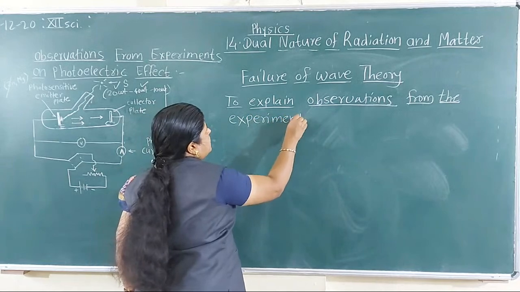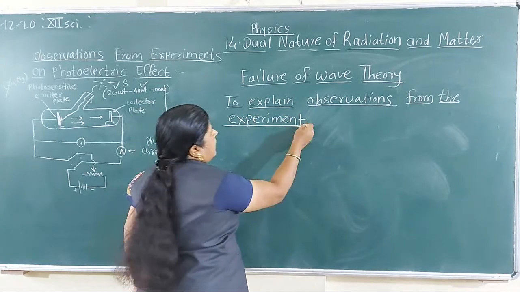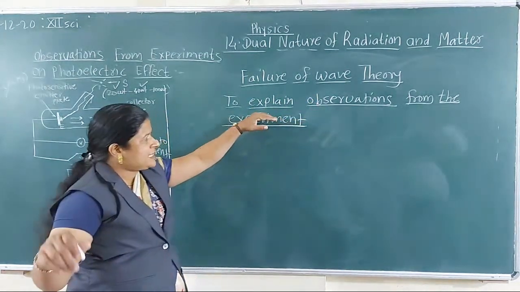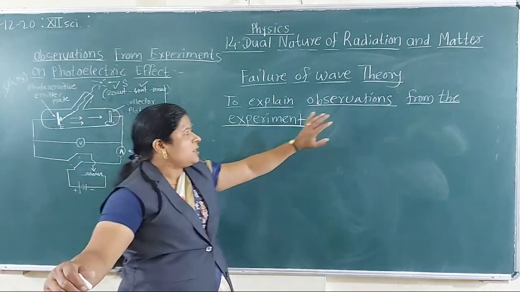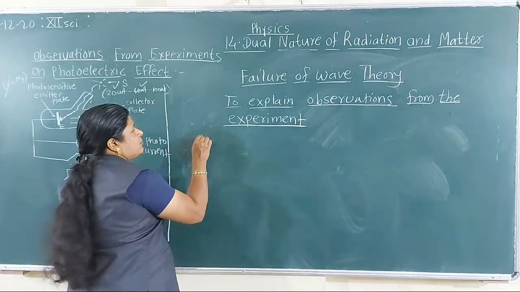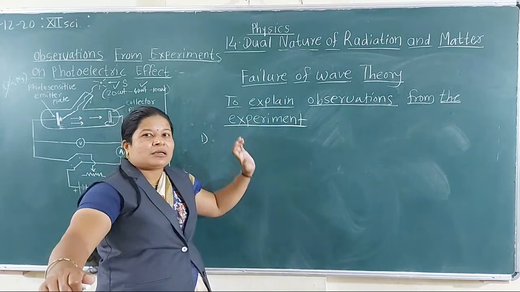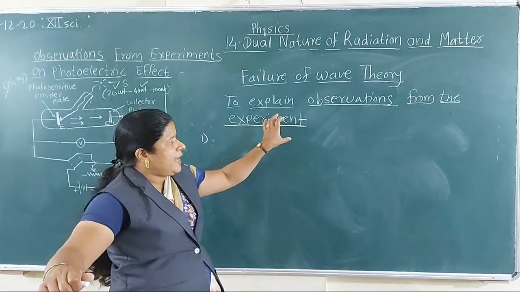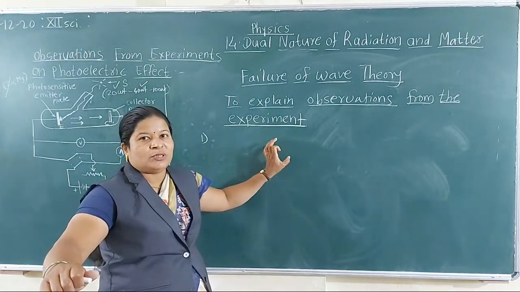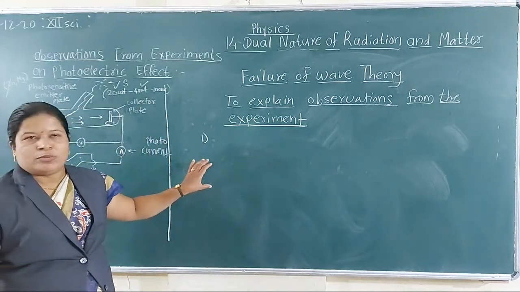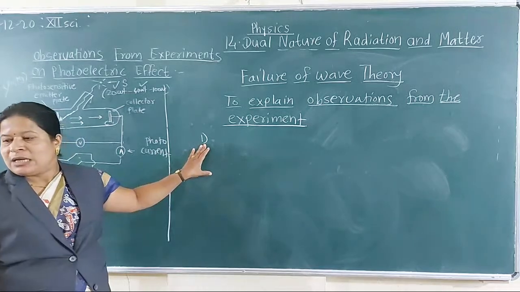What are the reasons which cannot be explained by wave theory of these observations? So, first point, wave theory could not give us the explanation of these observations. First point is most of the observations could not.